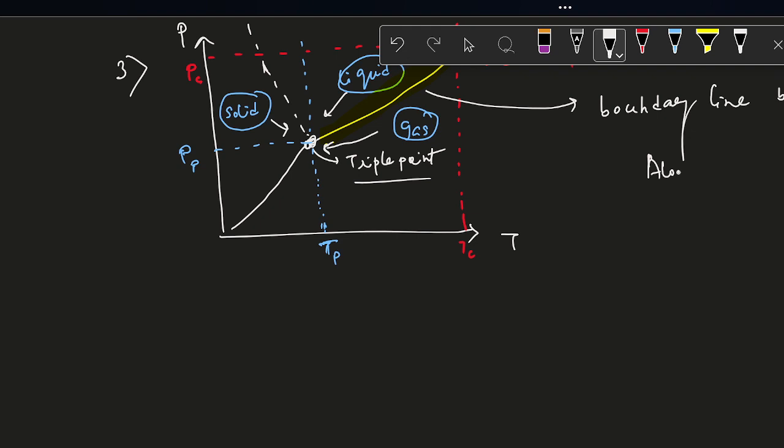So along this line, the liquid and gas phase of the substance can coexist in equilibrium.